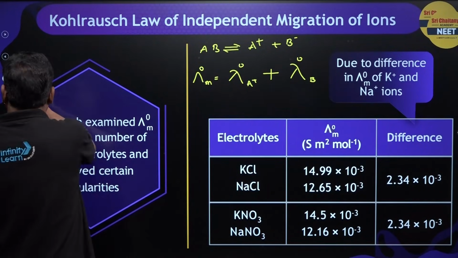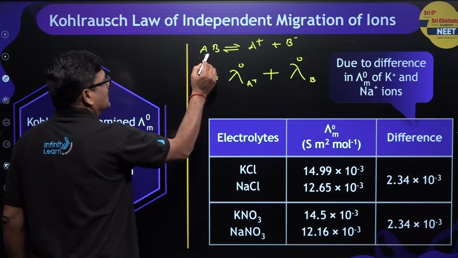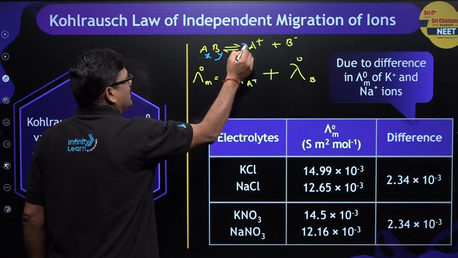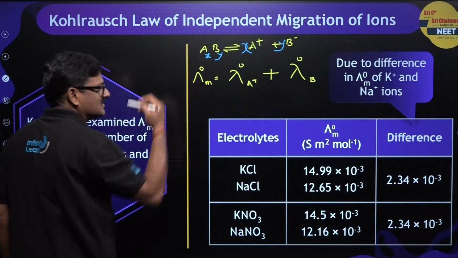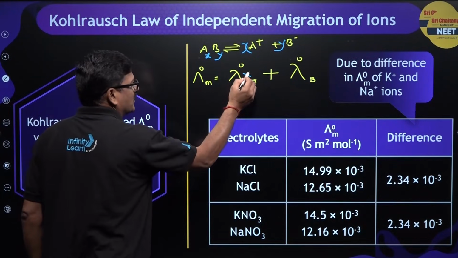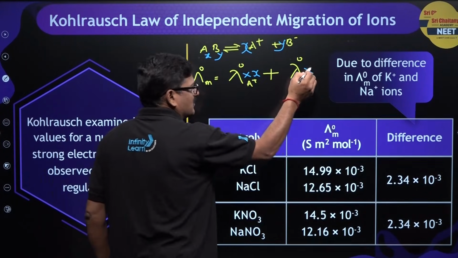If it is given for X and Y, it is going to be X and it is going to be Y, so you just multiply with X and you just multiply with Y.